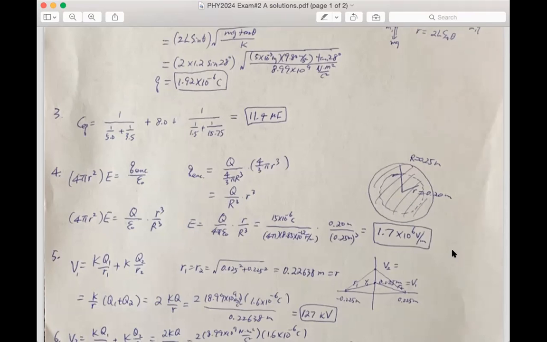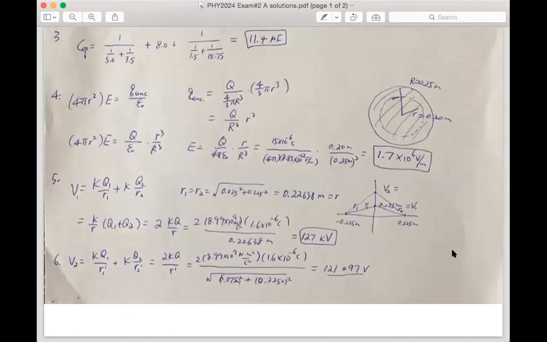The fifth one here on version A, well, the fifth one and the sixth one. In version A, I split them into two problems. In version B, you have them combined together as problem 7, I think. But it's pretty much the same thing. You have two charges here, and then there's a third charge over here. On problem 5, you're looking for the overall potential at this point. The potential for each charged particle is given by kq over r.